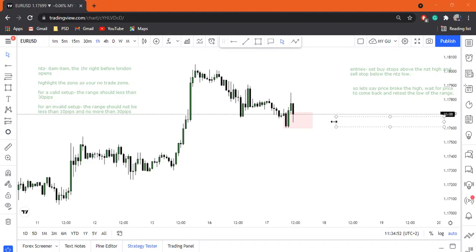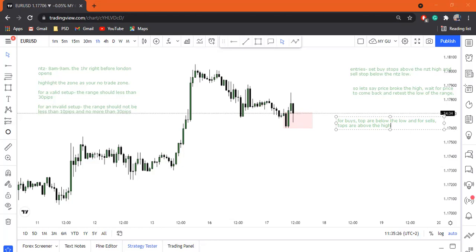So stops for buys, stops are below the low end. For sells, stops are above the high. So it's basically the places where you put your stop orders, you just put your stop losses accordingly.